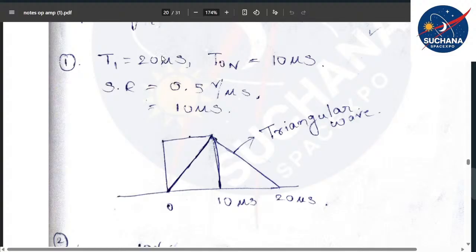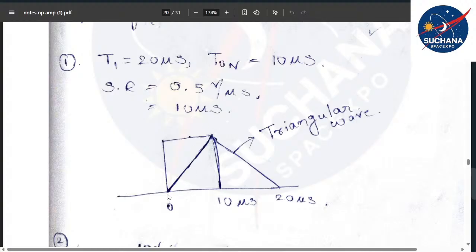First, let's assume this is the maximum voltage, the input supplied voltage. To reach this maximum voltage, let's check how much time the op amp requires to produce the output. For that we simply multiply the time period with the slew rate. 20 into 0.5, which is nothing but 10 microseconds.